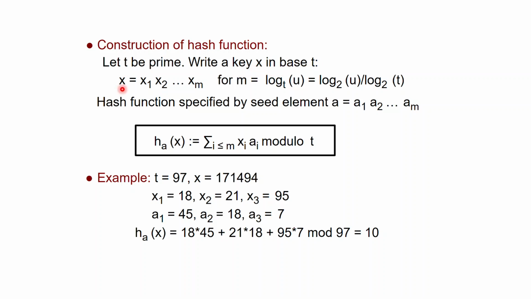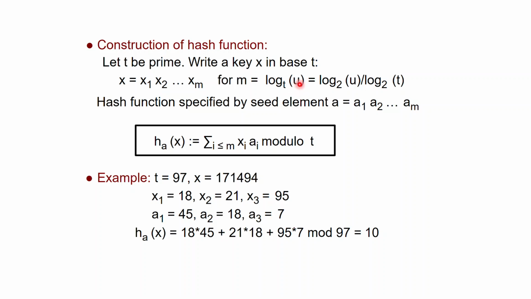I'm going to think of x as x1, x2, ..., xm, where each of these xi is one digit, and the number of digits that you need is the log base t of u.